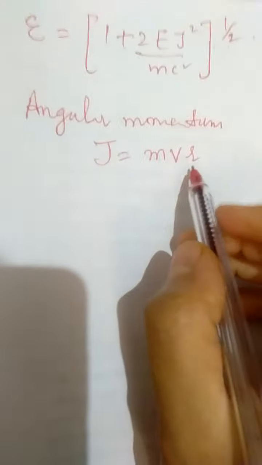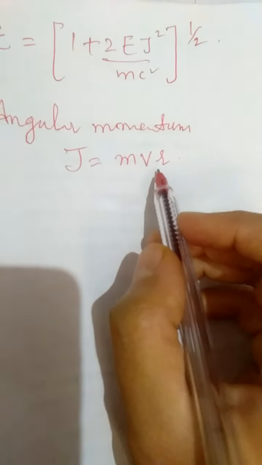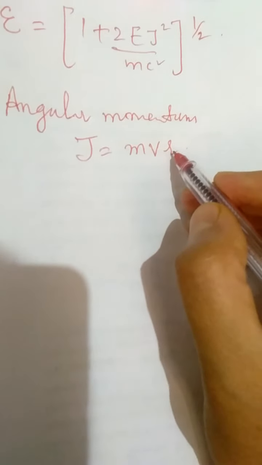But this r is essentially the radius of Earth. In case we have projected a satellite, we project it at a certain height above the Earth. In that case, the r parameter will get modified to r plus h. That's it.